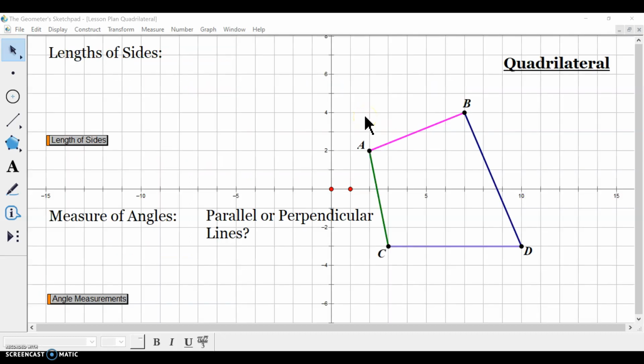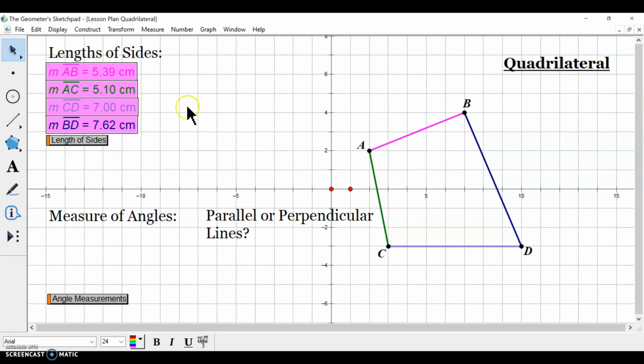So we are going to begin with a plain quadrilateral. As we can see, this quadrilateral has 4 sides and 4 vertices like all quadrilaterals have. To begin, we are going to measure the lengths of the sides. You can do that with this measure function. You highlight the lengths of each side and you click measure. For the lengths of these sides, each length is different.